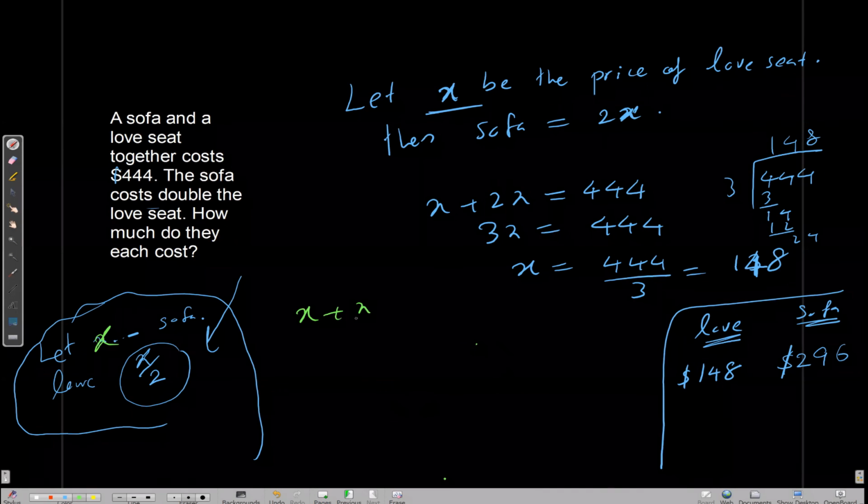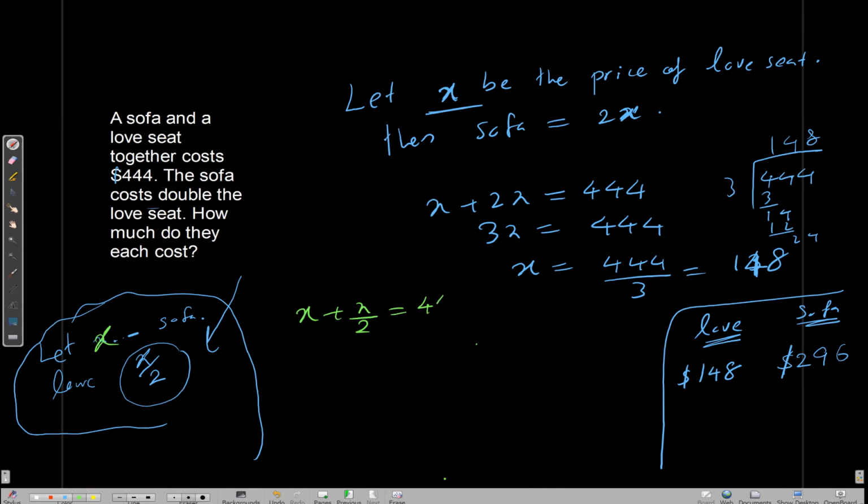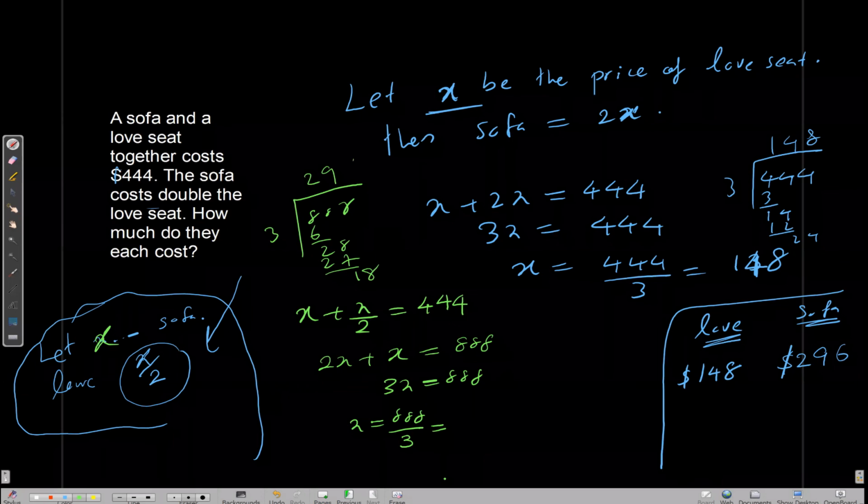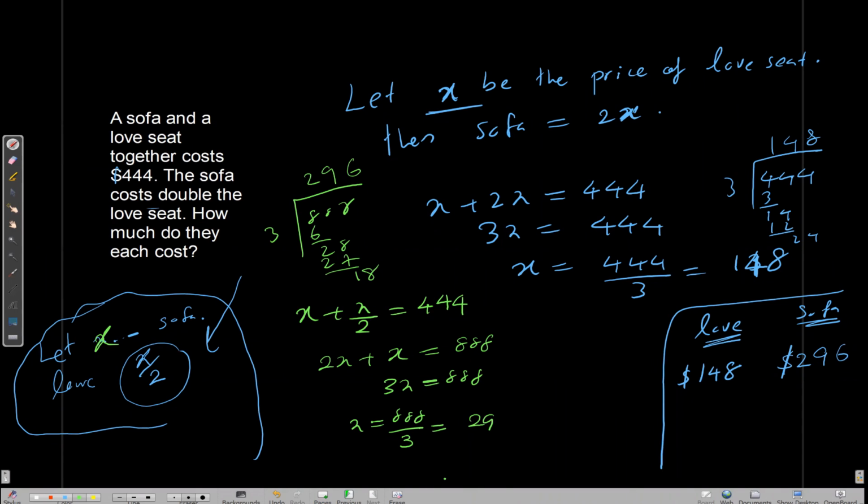Now let's see what will happen if we go in this route. We have x, and x over 2, that is 444. So you multiply by 2 because that's the least common denominator. 888. So 3x equals 888. So x equals 888 divided by 3, which is 296.